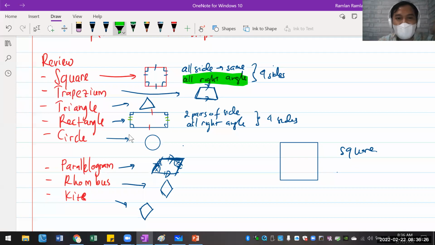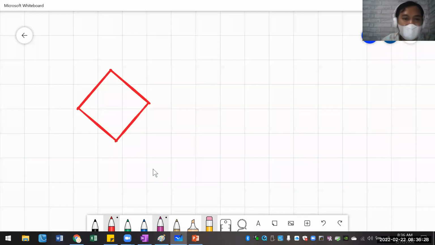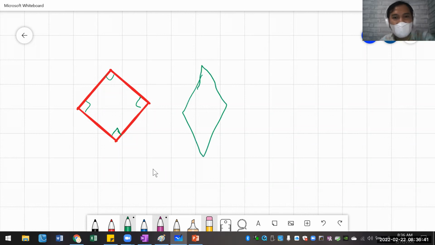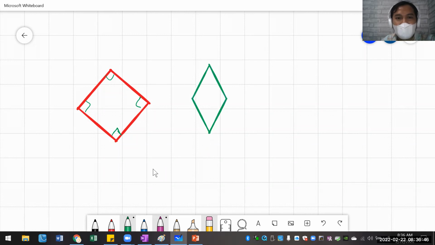When we go back here again, if I draw this again, this is still a square, because all of the angles are 90-degree. But if I draw another one like this, for example, the angle here is not going to be 90-degree.